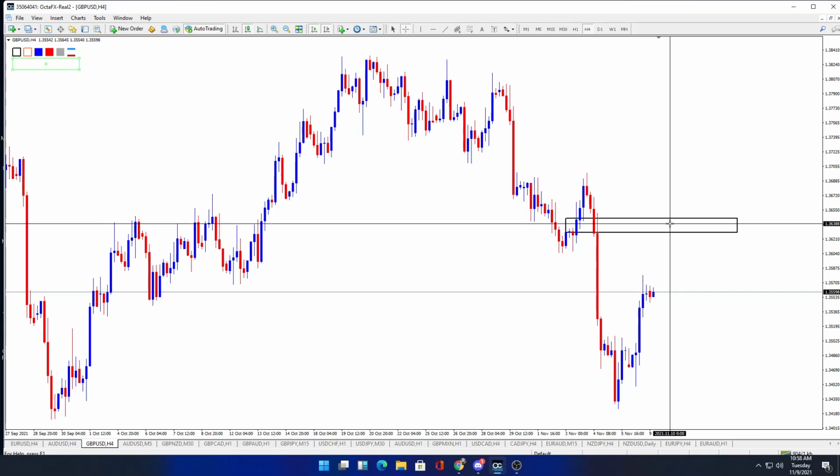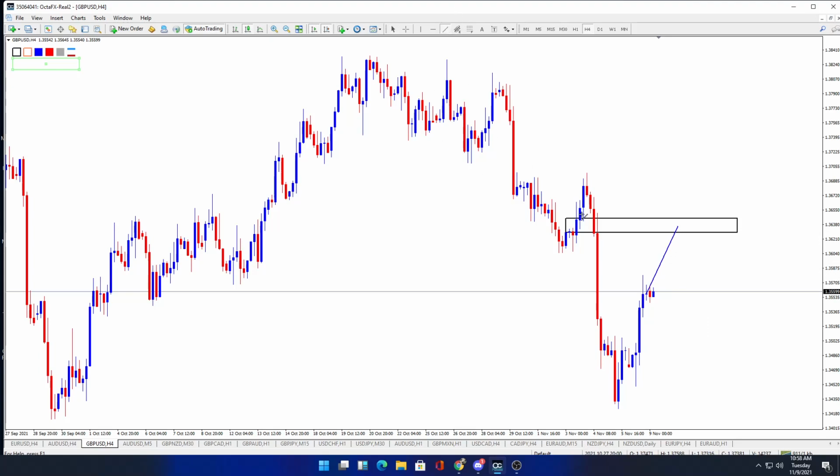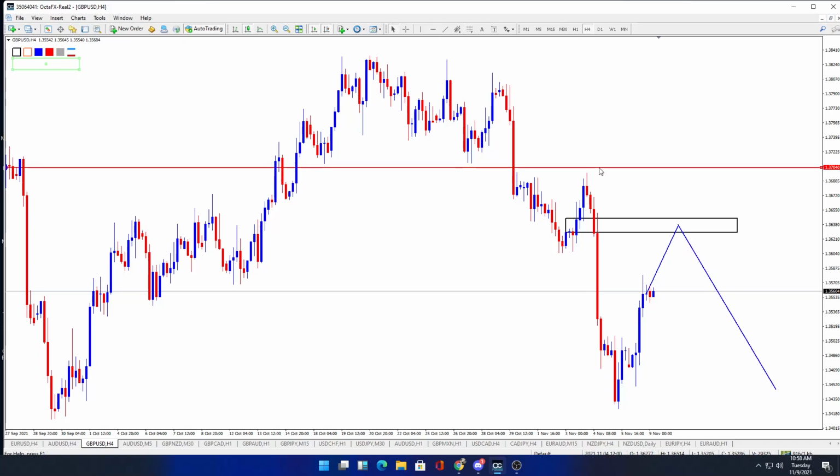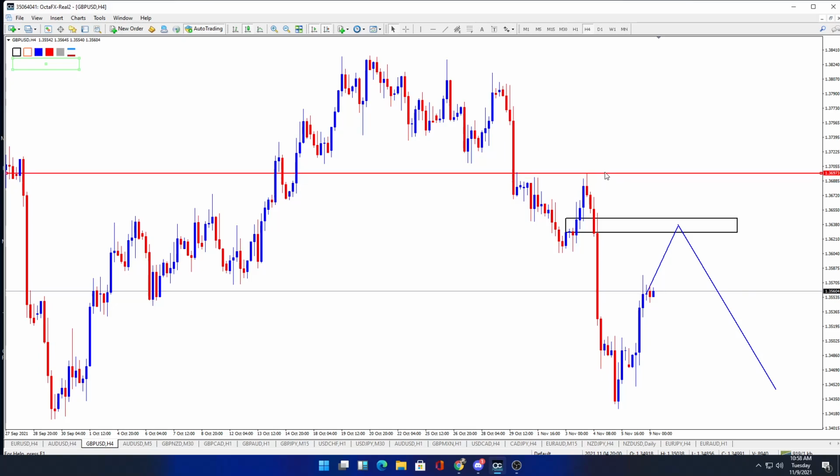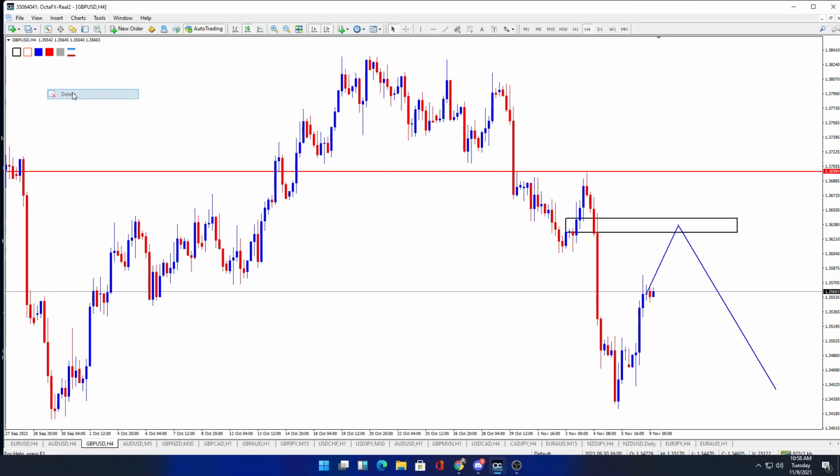So price will climb up here to here, and also will come down to here. So our SL will be in this area. This GBPUSD, the SL area is bigger than the other two, EURUSD and AUDUSD.